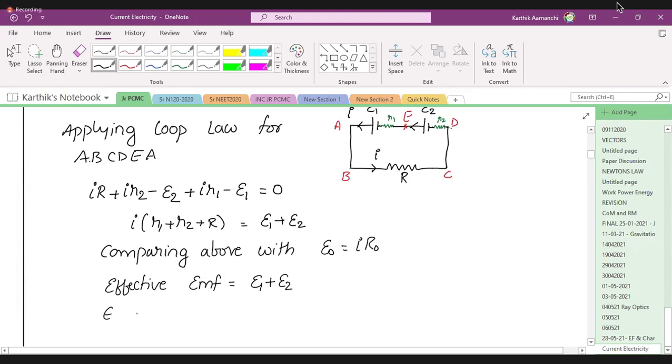What is your effective resistance? R1 plus R2 plus capital R. Effective is R plus R1 plus R2. Now what they'll ask is, anyhow you know this, write it as effective internal resistance.